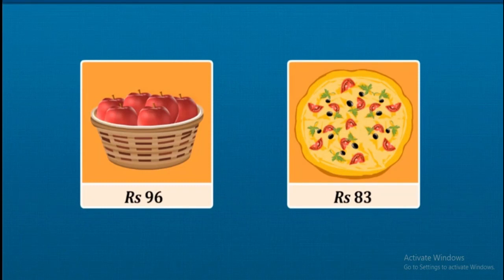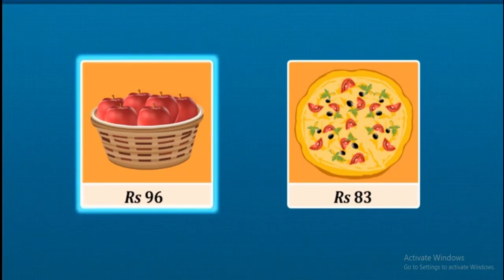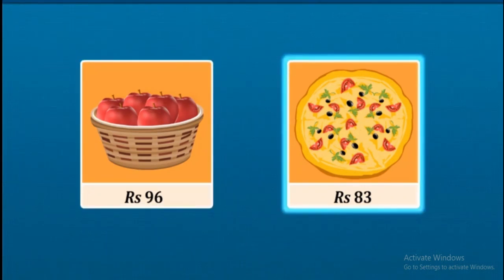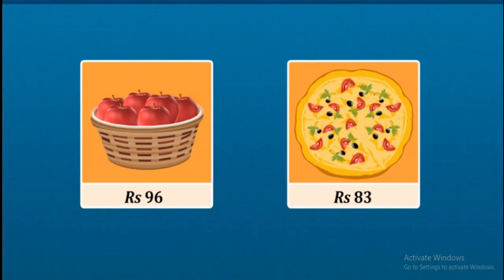Let's take the example of the cost of two items. The first has a price tag of 96 rupees and the second of 83 rupees. Generally, when stating their prices, we may say that the first item costs around 100 rupees and the second around 80 rupees.